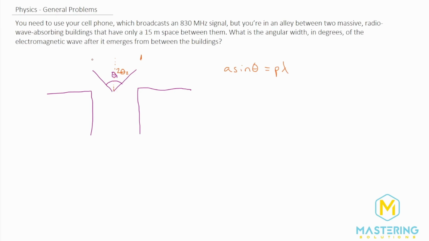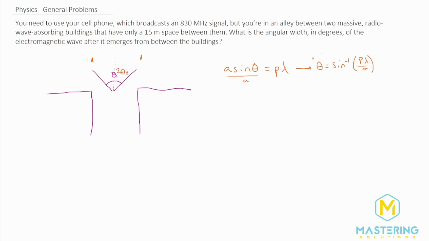We have a minima here and a minima here. And now, of course, we'll have to rearrange the equation to solve for theta. We can do that by dividing both sides of the equation by a, and then taking the inverse sine of both sides. Theta is equal to the inverse sine of p lambda over a, like that.